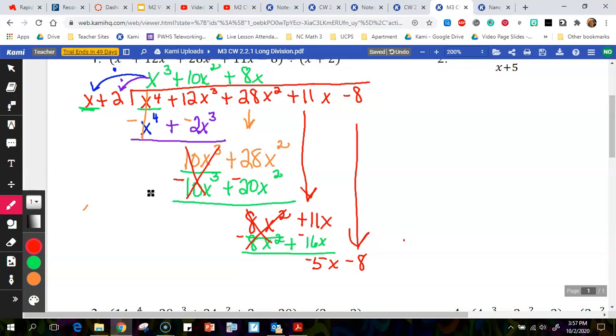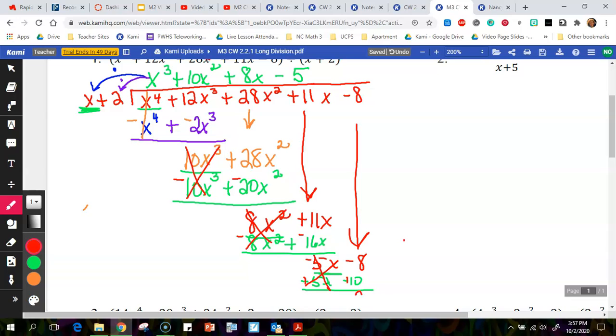Yeah, I will. Okay, negative 5x divided by x is minus 5. Negative 5 times x, negative 5x. Negative 5 times 2, negative 10. Change them to the opposite. This time changing them to the opposite means change them to plus. Negative 5x plus 5x, cancel.